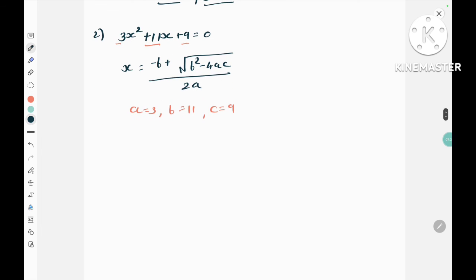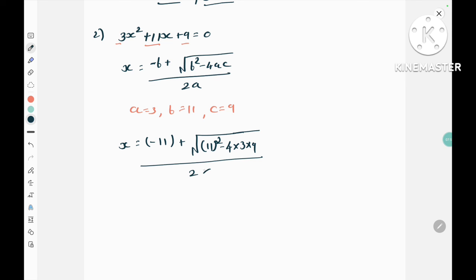So this time we have all values positive. x equals minus 11, because 11 is positive, so we take only this minus, plus square root of 11 square minus 4 times 3 times 9 over 2 times 3.